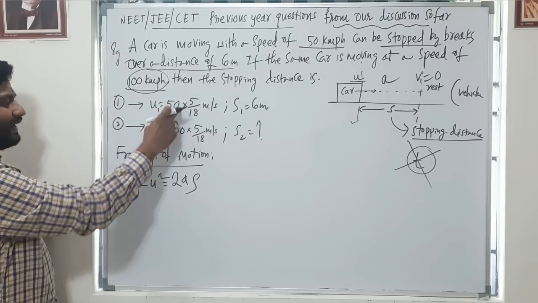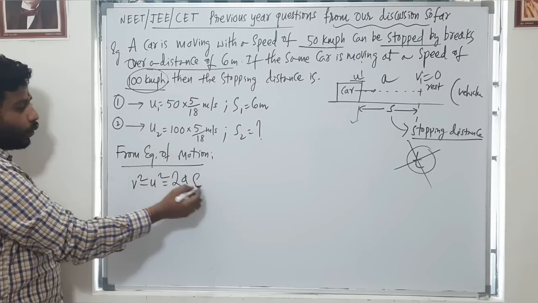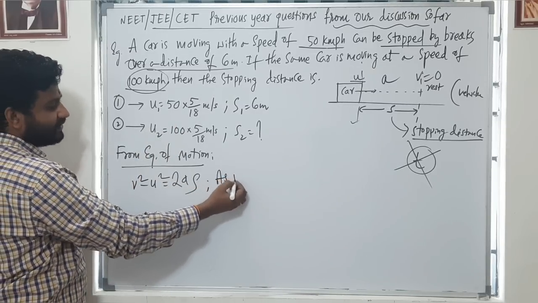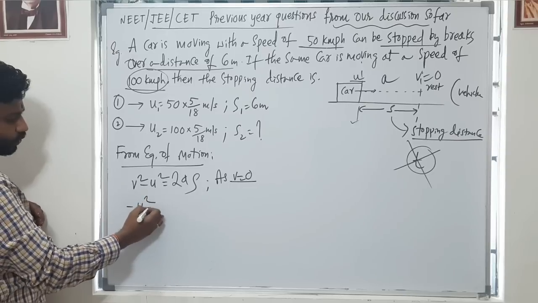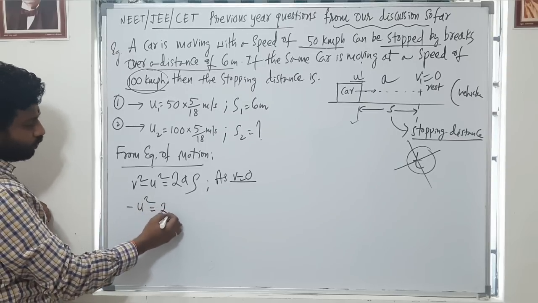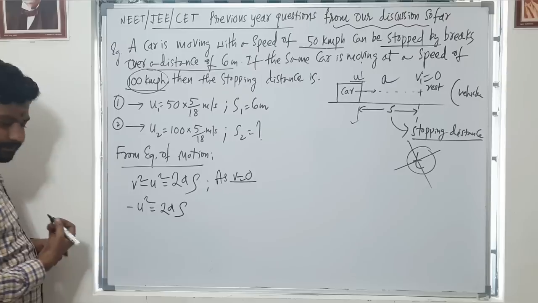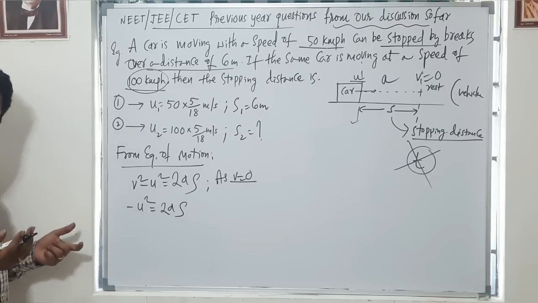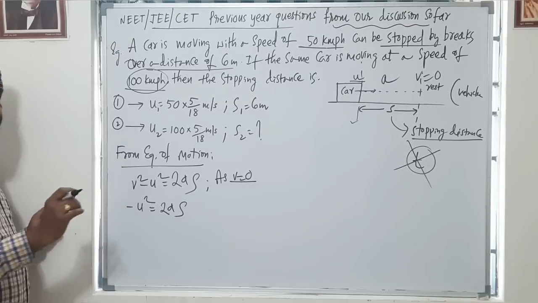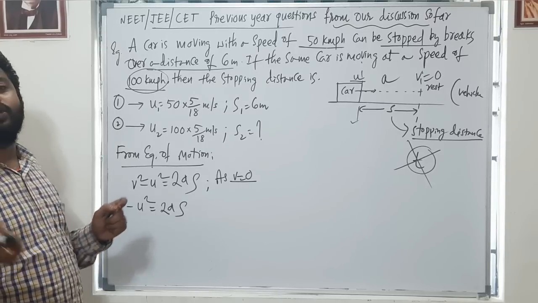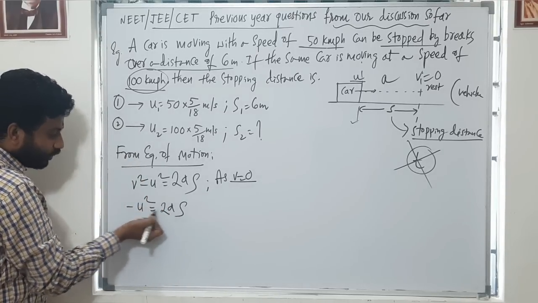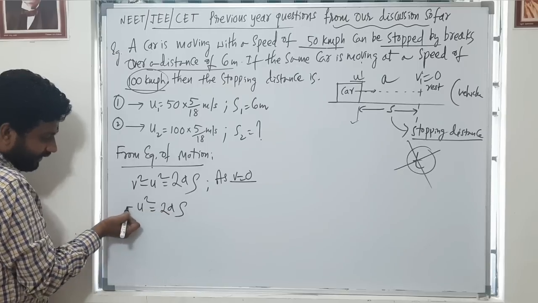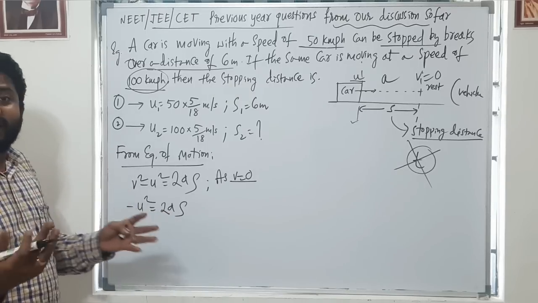Now, in any case, as V is equal to 0, I can write minus U square is equal to 2AS. The minus sign indicates only the uniform retardation; when the acceleration value is negative, that is called uniform retardation.